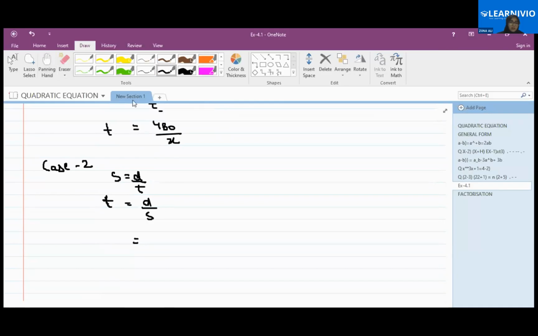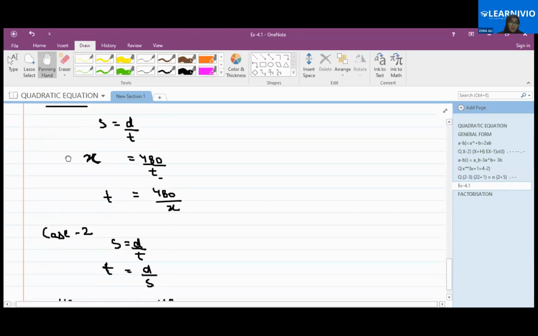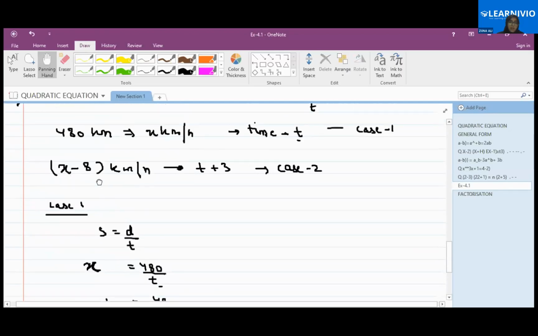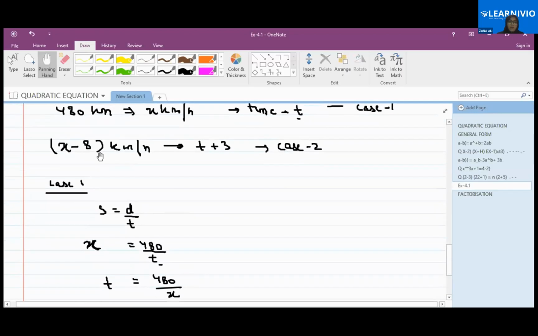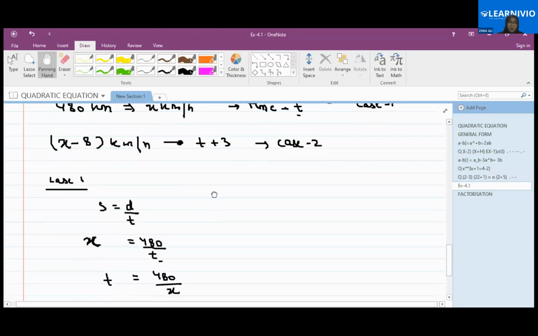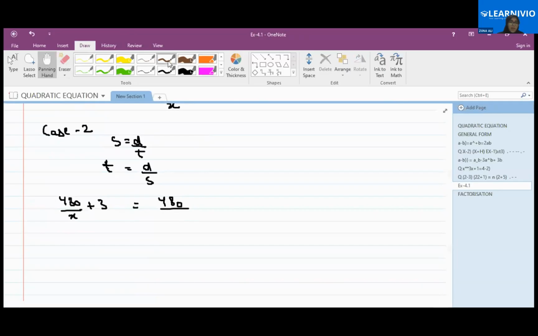What is t here? 480 by x. So the value of t is 480 by x plus 3. Distance is 480, and what was the speed for case 2? For case 2 it was x minus 8. You have reduced the speed, so there is an increase in time. So this will be x minus 8.